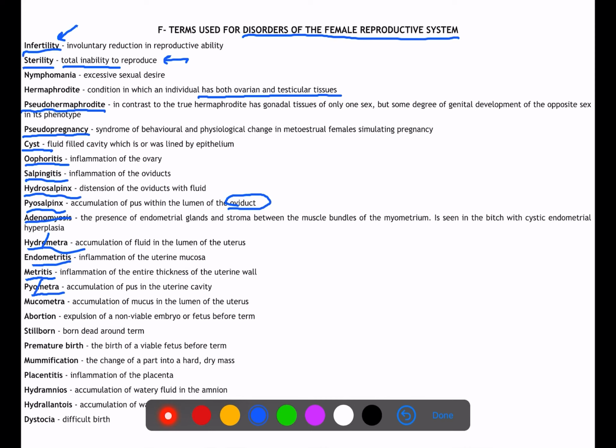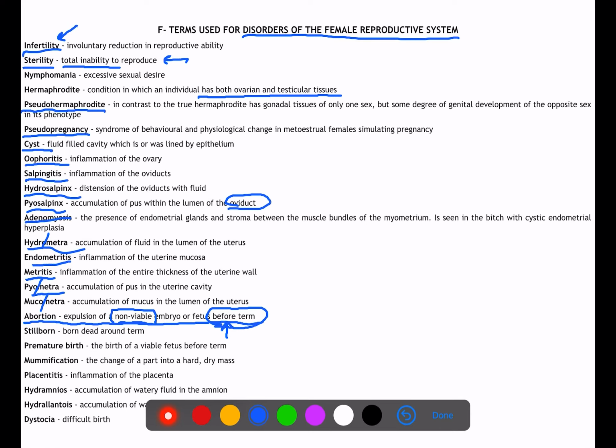Pyometra: pus within the uterus. Mucometra: mucus within the uterus. Abortion, pay attention to this term. Abortion means expulsion of a non-viable embryo or fetus before the time of maturation, before the end of pregnancy.